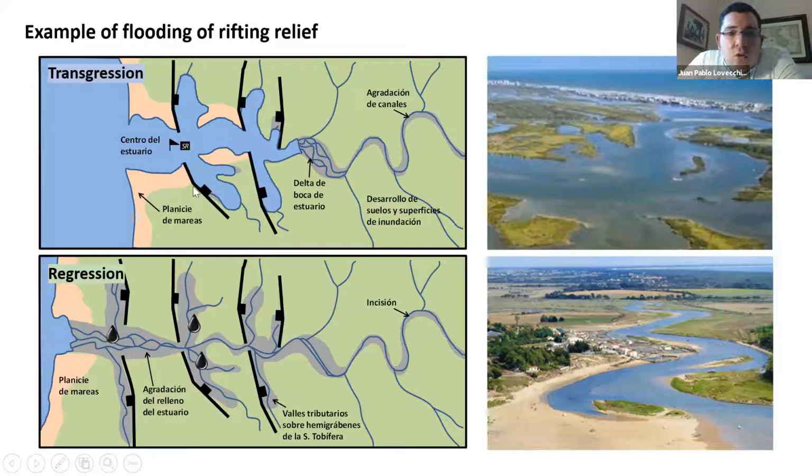The condition to interpret that they are active rifting incisions is that they need to be bounded by active faults, and the activity of faults is interpreted from this fanning, the fanning onlap, let's say, and rotation towards the fault-bounded border of the depocenter.